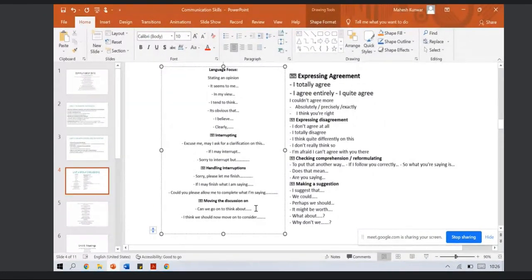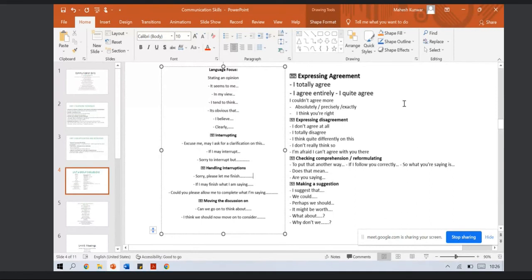Out of the possible solutions provided by the people in that group discussion, you have to focus: "I think we have to consider agenda number three more importantly, because it can address our problem right away, and then slowly we go to agenda number two." This is how you can speak.